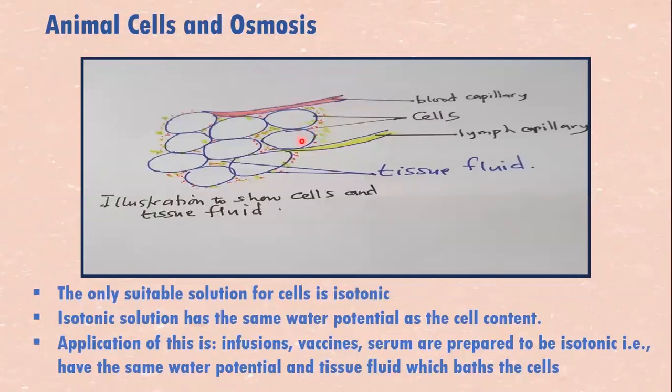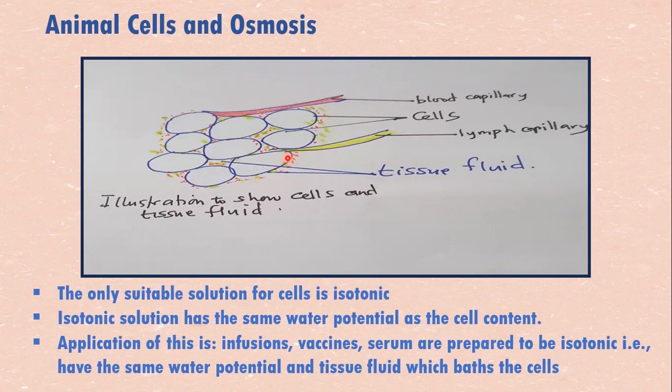Otherwise, these cells will either burst or become crenated. So this is to be taken note of when infusions, vaccines, and serums are prepared. In these vaccines and infusions, the concentration of salts should be the same osmotic potential or the same water potential as tissue fluid. Otherwise, there will be problems.